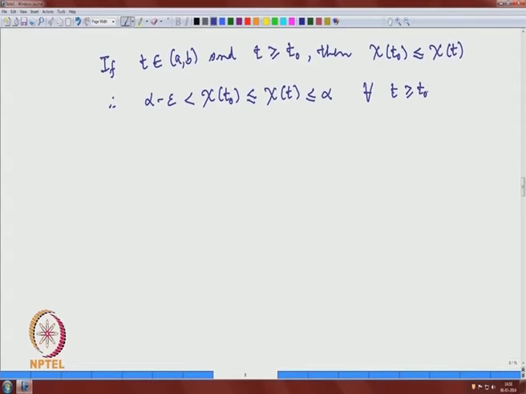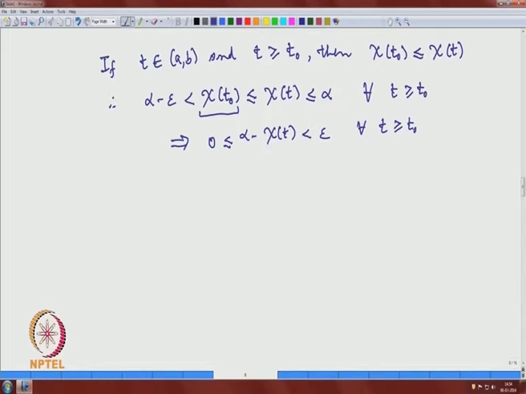Okay. So, if you rewrite this, just remove this chi t 0. So, this implies alpha minus chi t, which is always bigger than or equal to 0, is less than epsilon for all t bigger than or equal to t.